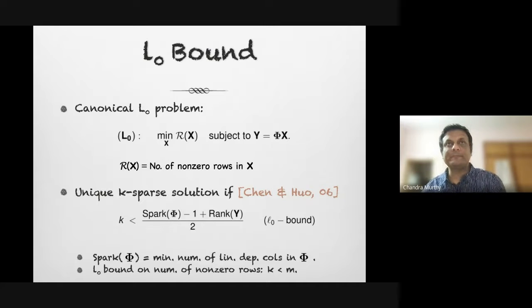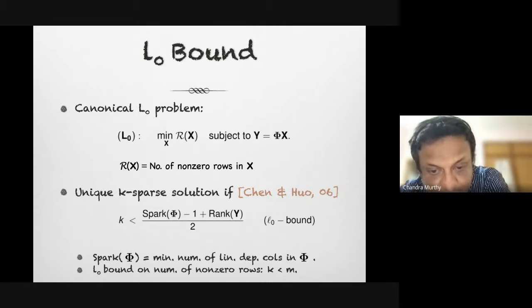It's the smallest number of linearly dependent columns in a matrix, whereas the rank of a matrix is the largest number of linearly independent columns. So spark is a very different beast compared to the rank, although it looks similar in the way it is defined.